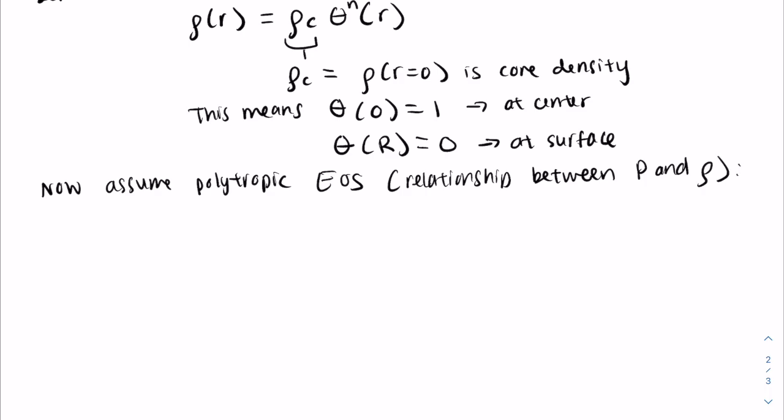You may also have temperature dependence in the equation of state, but we're just going to fold it into a single equation, the polytrope equation, that relates the density and the pressure. So again, pressure equals this K coefficient times rho to the 1 plus 1 over n.